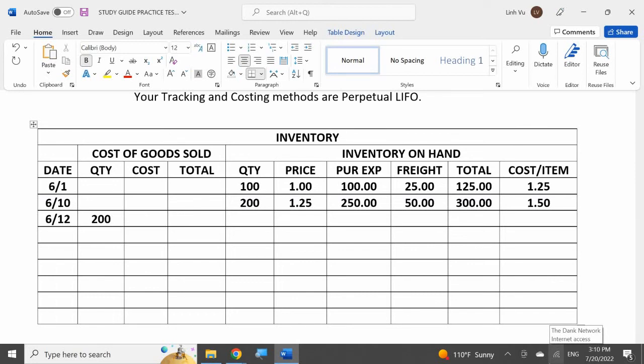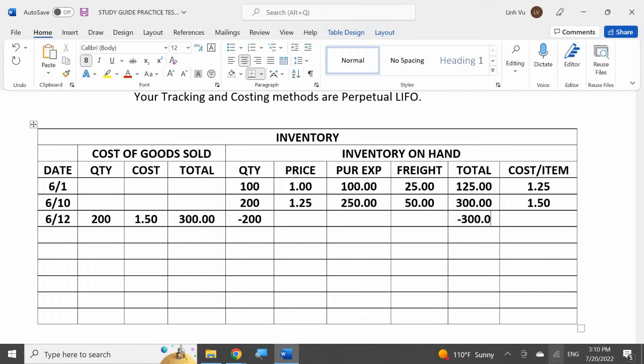We're going to sell out our 200 units from that batch, which is currently costing me $1.50 each. So what's my total cost of goods sold here? $300, which is going to eliminate this entire 200 batch right here.